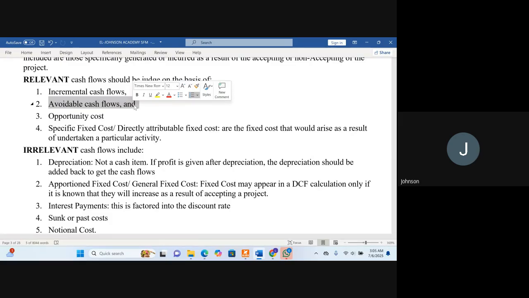Maybe I calculate that it's 5,000. If I'm going to give that student the cost of my service, I have to add that transportation to it. Why? Because naturally, I don't have a business on the island. So that 5,000 that I'm going to use for transportation is very important to the decision making.